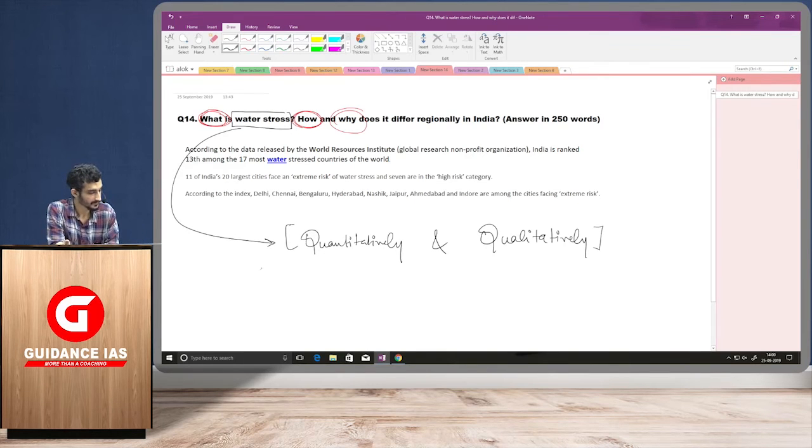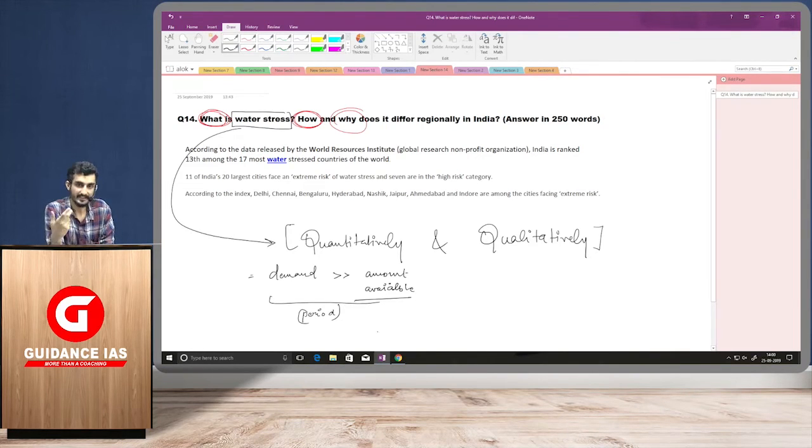Quantitatively, how? If demand of water exceeds the amount available in a certain period of time, then there might be a chance that water stress might occur.